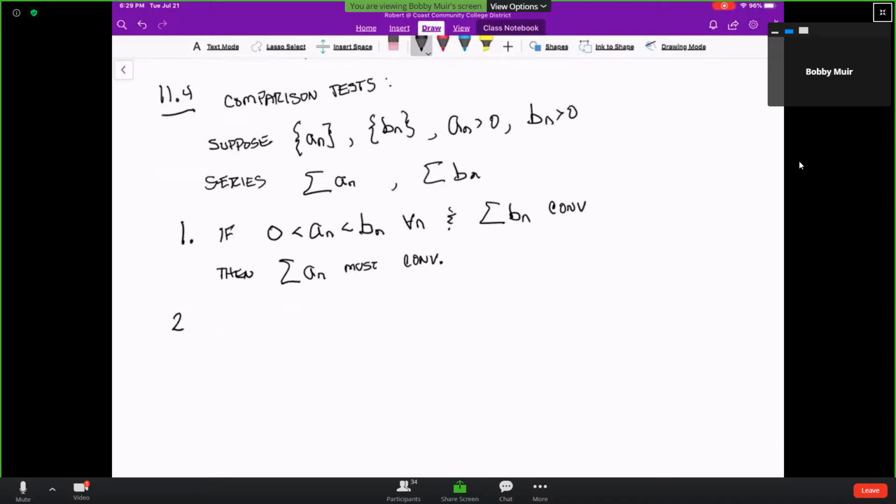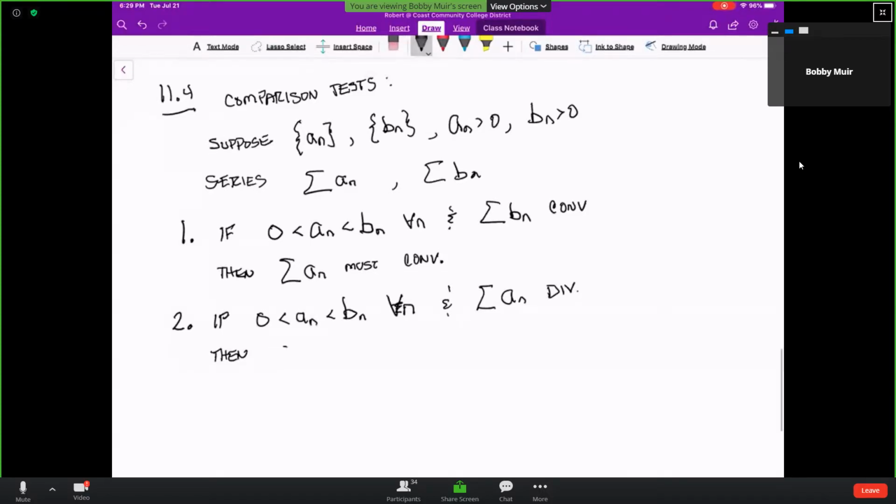Number two, again, if this is the case for all n, and if the sum of the a sub n's diverges, then that would force the sum of the b sub n's to diverge.